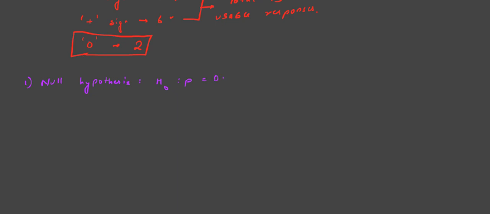As we know, it will be 0.5 if there is no difference. If H0 is equal to 0.5, then there is no difference. The second one is the alternative hypothesis.